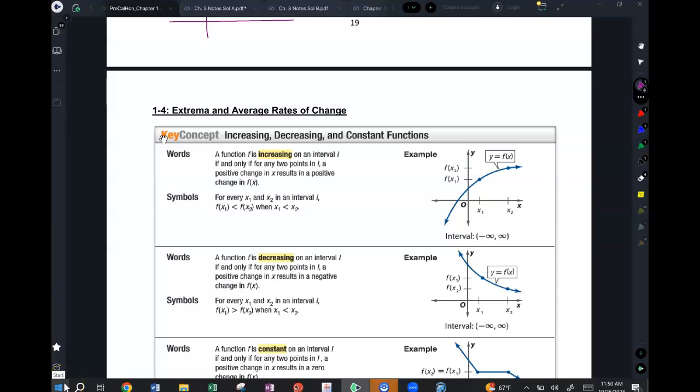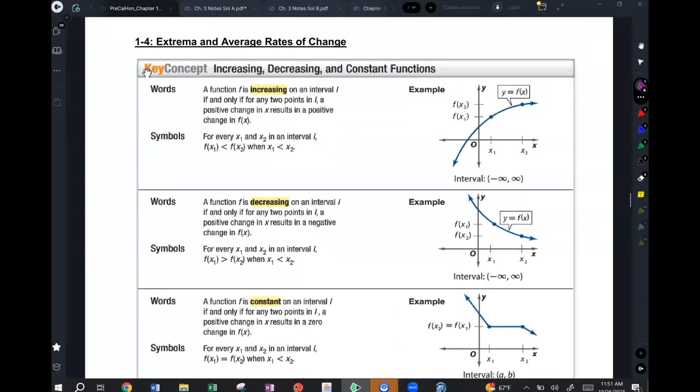Okay, all right. So we kind of started talking about this terminology last year, right? So we say that a function is increasing on an interval if, now visually we can see if something is increasing, but if I have 2 points, x values, right?